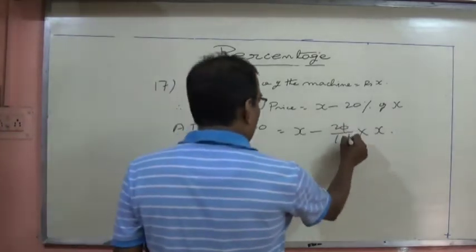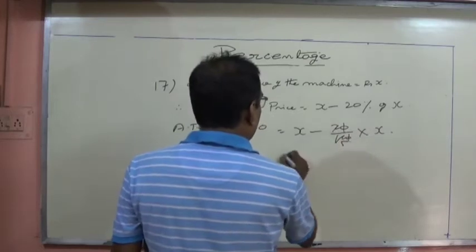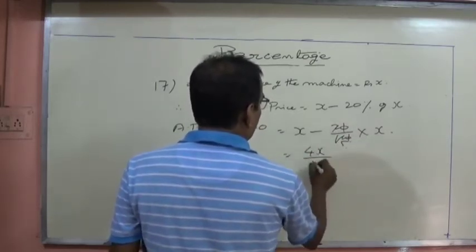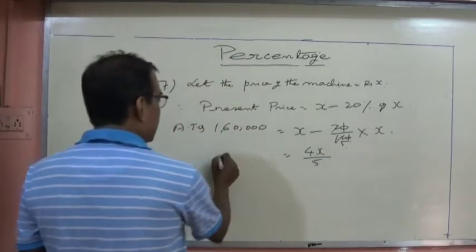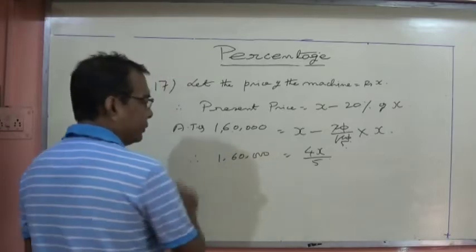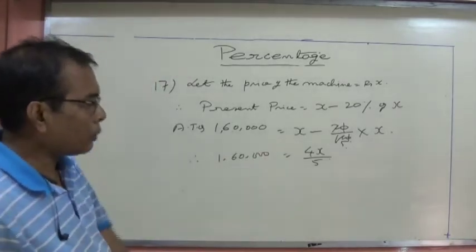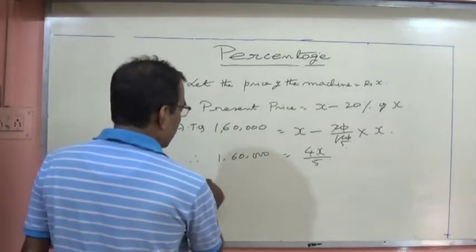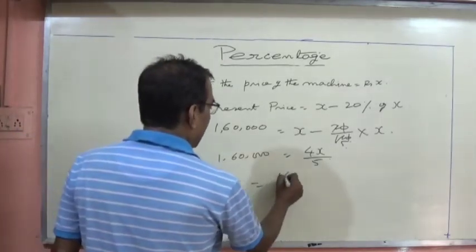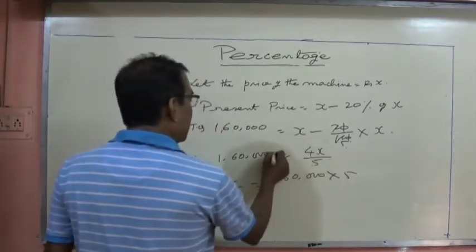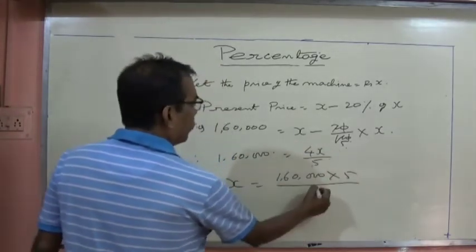0, 0 cancel. 2 5s are 10. So 5x minus x is 4x. I think it is clear. I skipped one step here. Now from these equations you have to find the value of x. How? By taking cross multiplication. So x will be equal to 1,60,000 into 5, 5 is coming here, divided by 4.